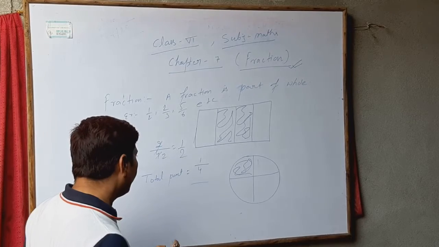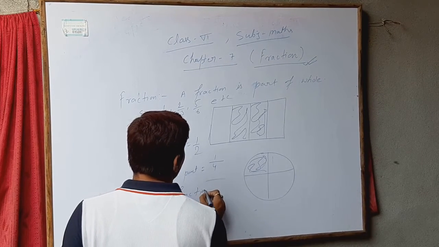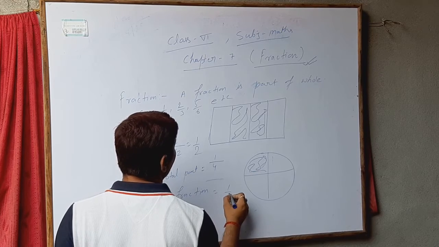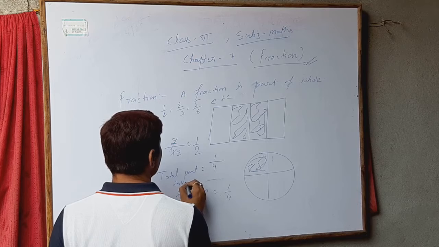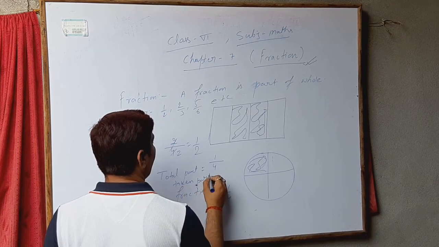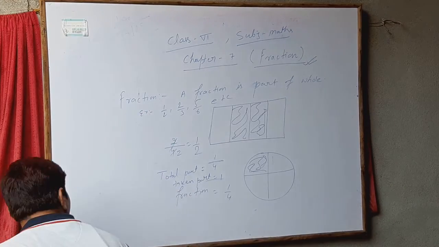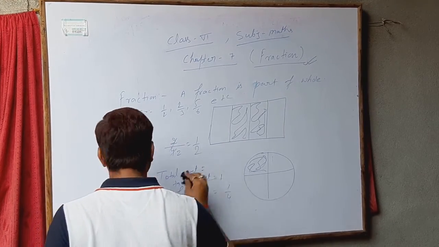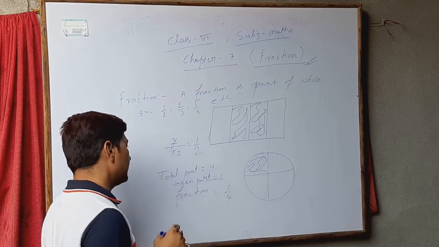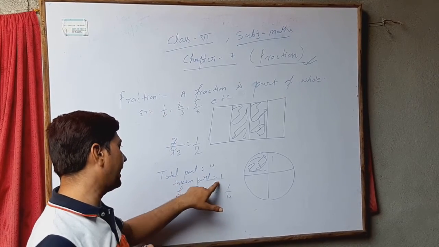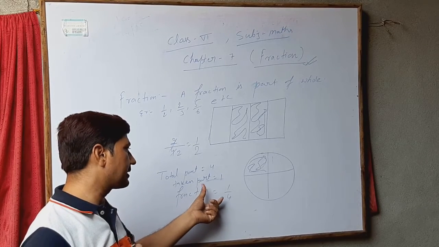So now we can say that fraction is equal to 1 by 4. Now taken part is equal to 1, and this is the total part. This is the total part, this is the taken part, and this is the fraction. Now you can construct a fraction like this.